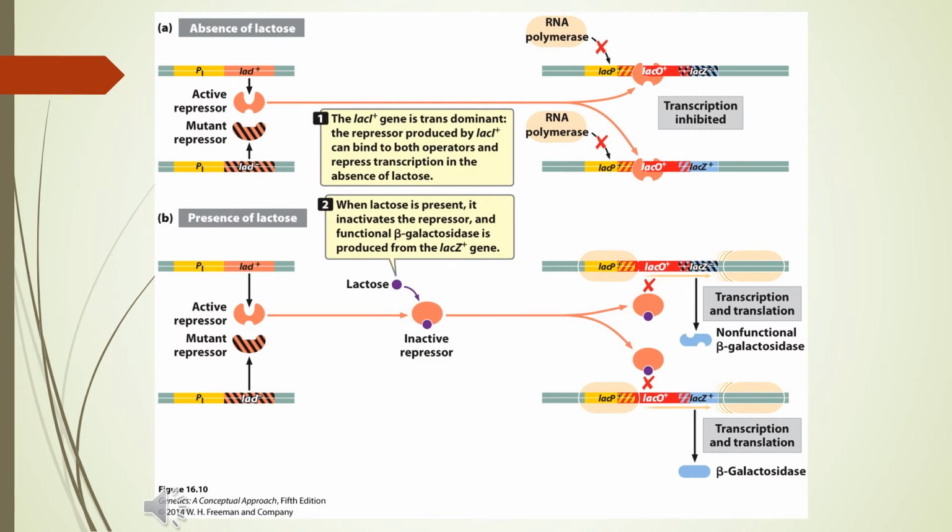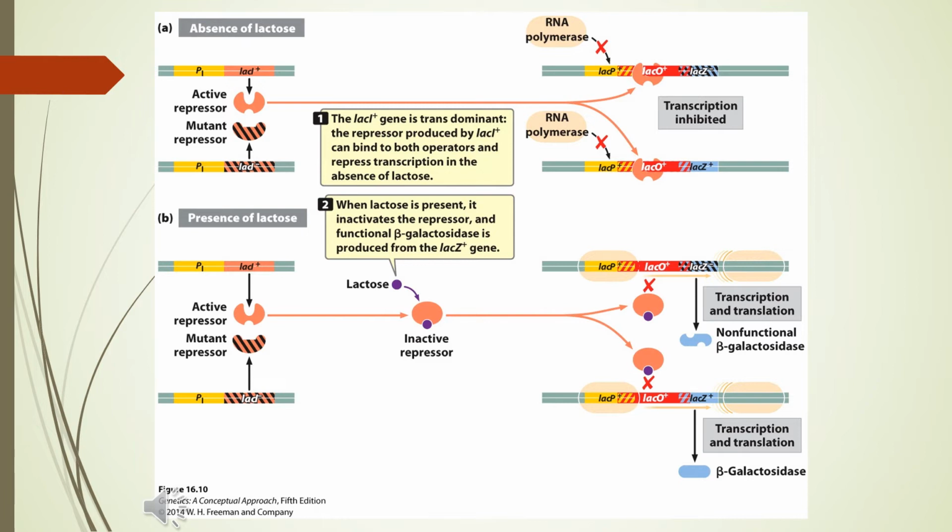Now let us look at what happens if lactose is present, and what the problems associated with mutations at the regulator, promoter and operator regions are. First of all, in the absence of lactose, you can see the representation of the partial diploid on the left side: lac I plus and lac I minus.